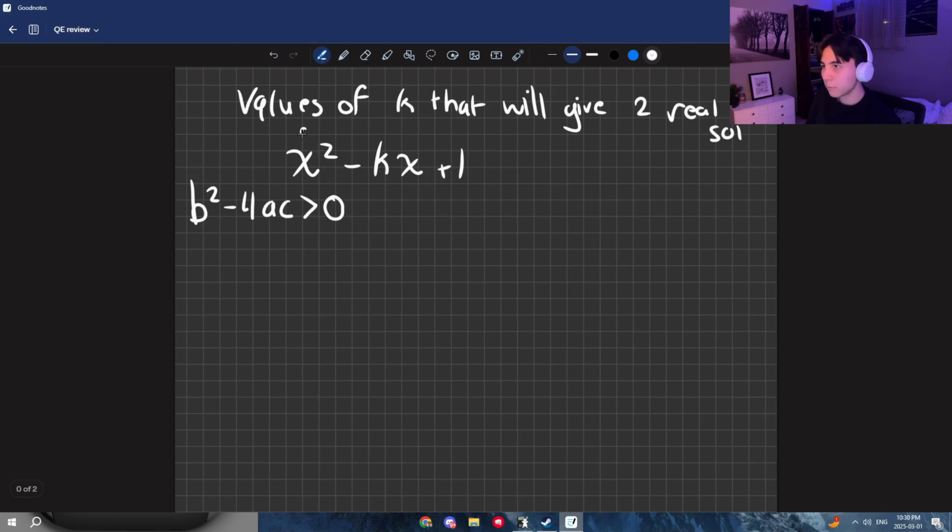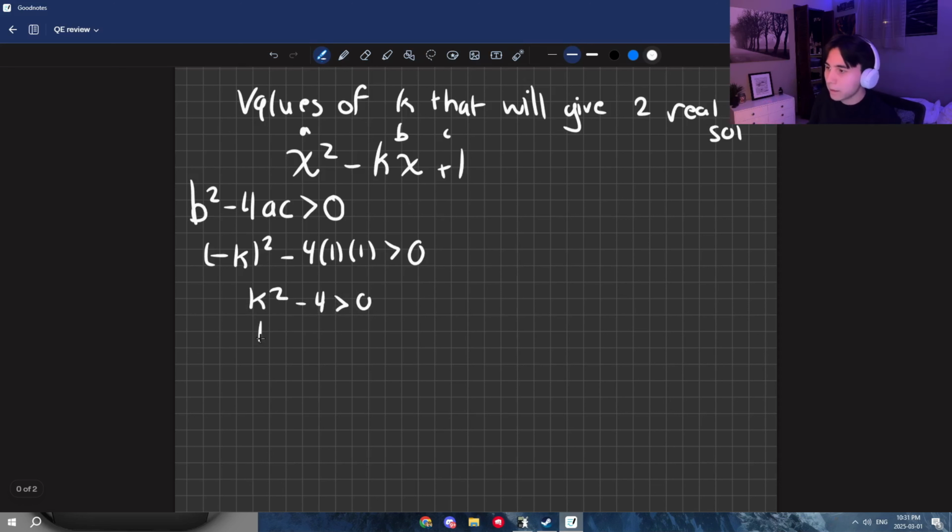So we label a, b, and c here, and we get our b value as negative k. So negative k squared minus 4 times our a value, which is 1, times our c value, which is 1, and that's all greater than 0. So we get k squared minus 4 is greater than 0.